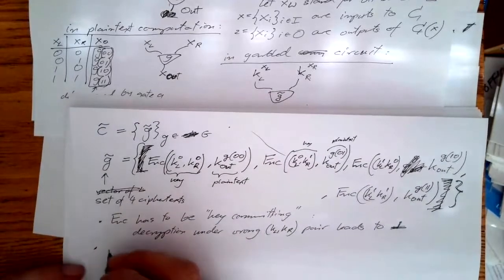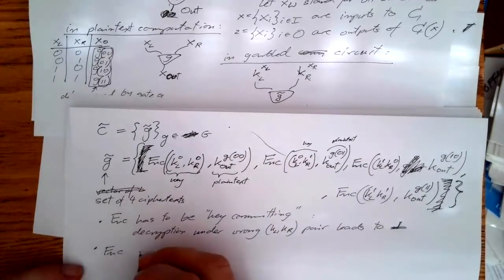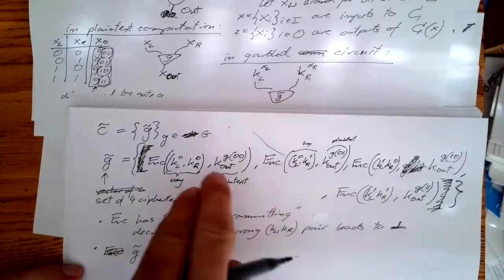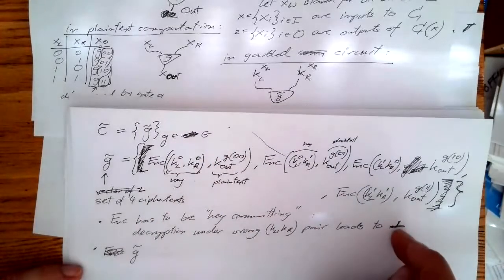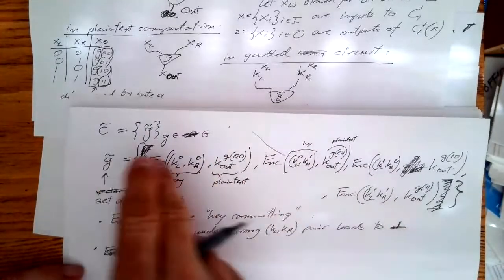But also what follows is, if only one of these 4 ciphertexts decrypts to a non-reject, then they cannot be ordered.